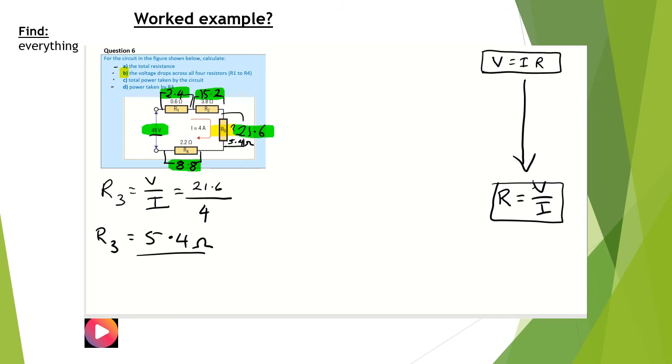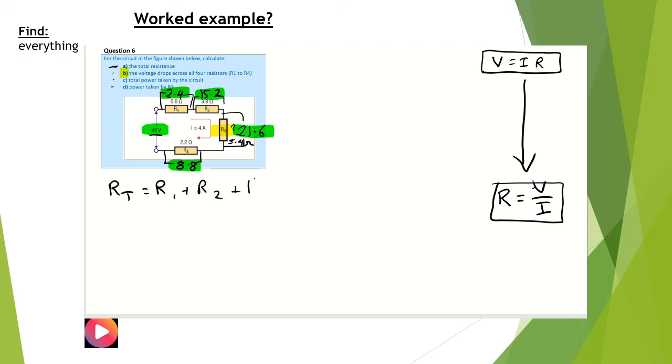The voltage drop across all the resistors. We now need to let's have a look and see if we can find the total resistance. So that should be quite easy. Previously we talked about RT equals R1 plus R2 plus R3 plus R4 and so on and so on.